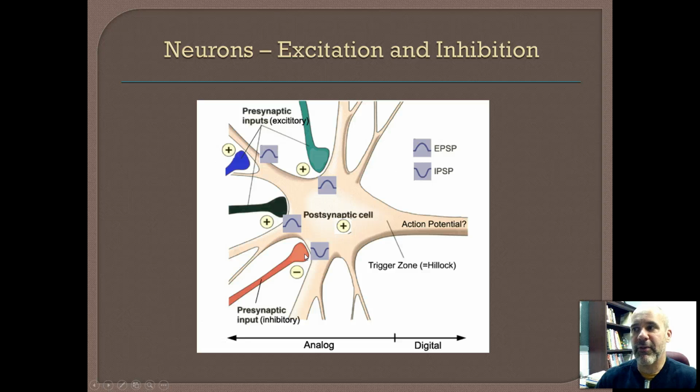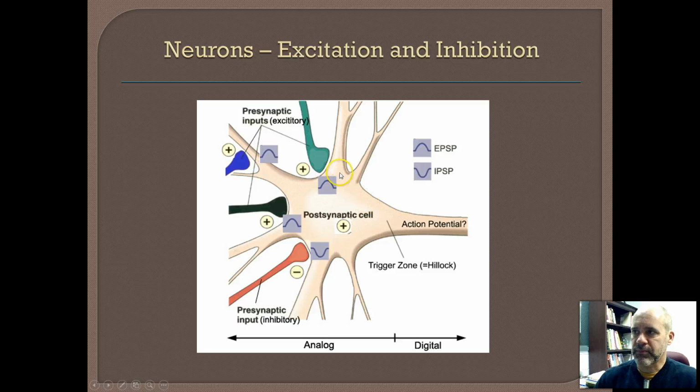And all four of those are trying to influence this one, trying to control whether or not it's going to reach that threshold, that minus 55 millivolts in most cases, and generate its own action potential, like we learned about in Unit 4. So these would be called presynaptic neurons. Here's your synapse between the two. Presynaptic, this is called a postsynaptic neuron.